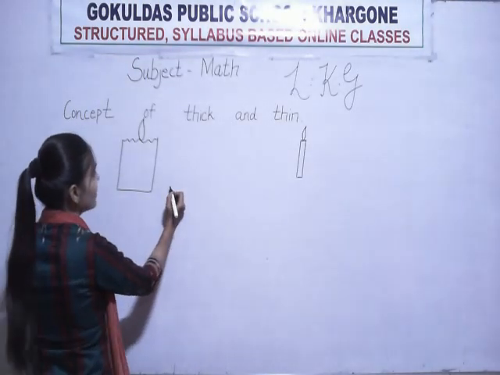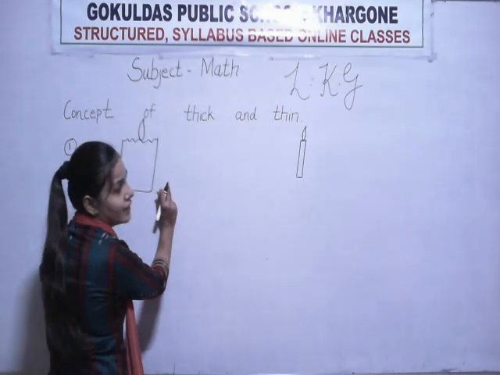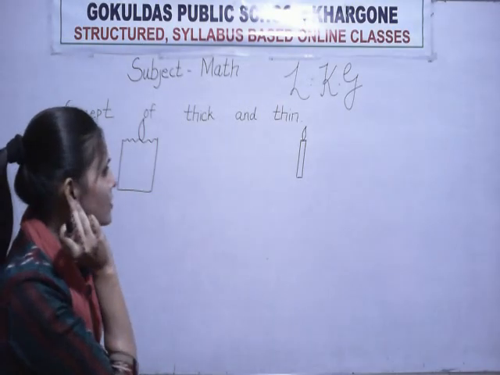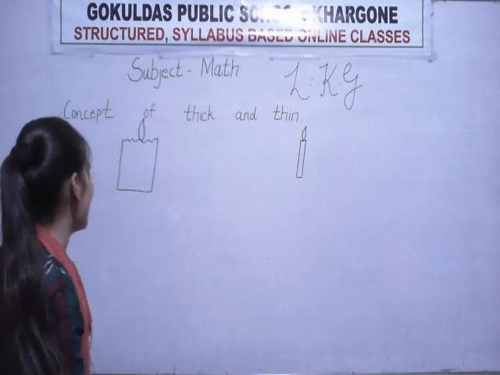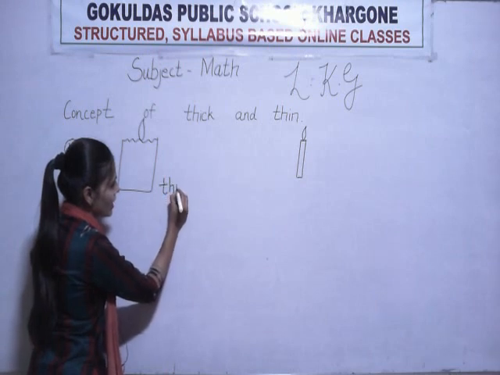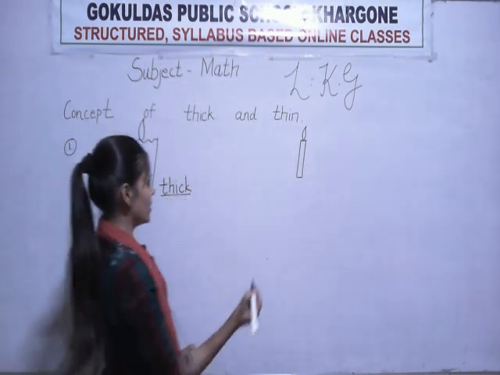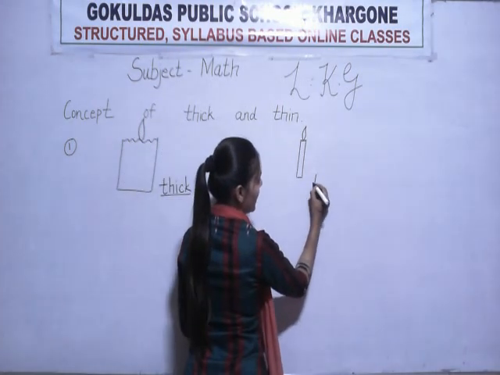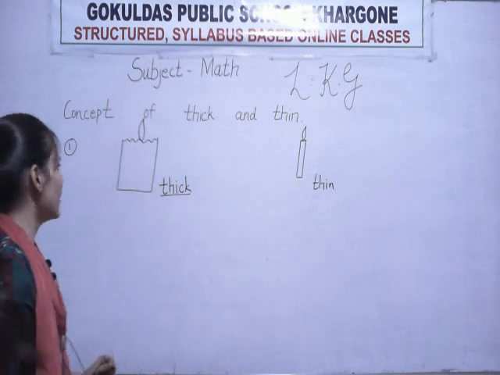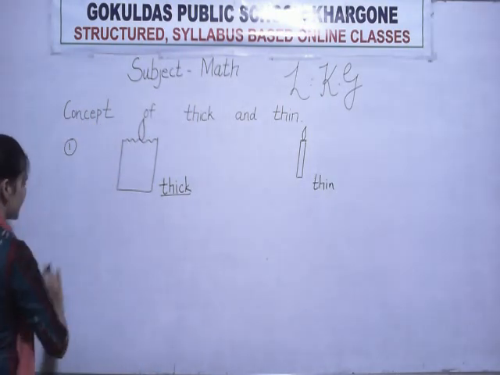Here the object is thick or thin? Tell me fast. Yes, very good. This one is the thick one, so write here thick. And this one is a thin candle, so write here thin. Okay. One is complete. Now move to the next example.